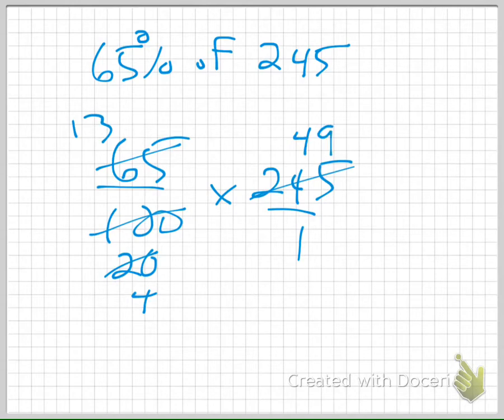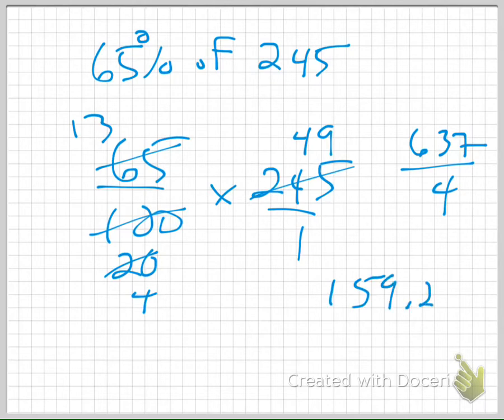And then there's nothing else to do, so then you'd go 13 times 49. 50 times 13 is 650, minus 13, so 637 over 4. Whatever 637 divided by 4 is your answer. It comes out to 159.25, and we'll talk about calculators here in a minute.